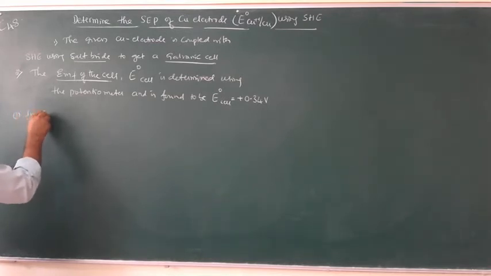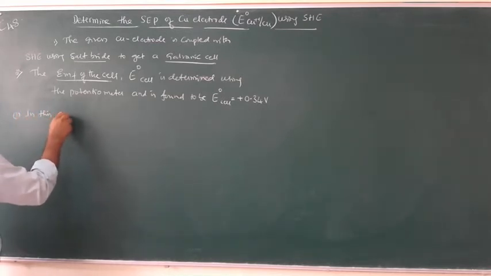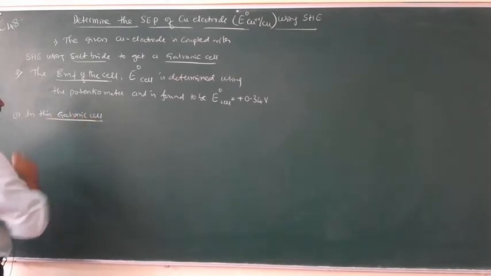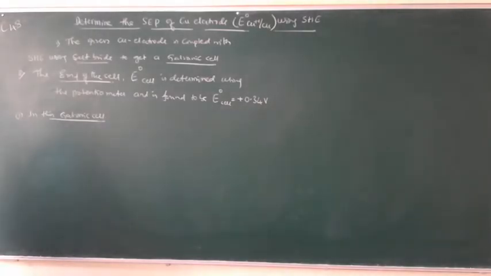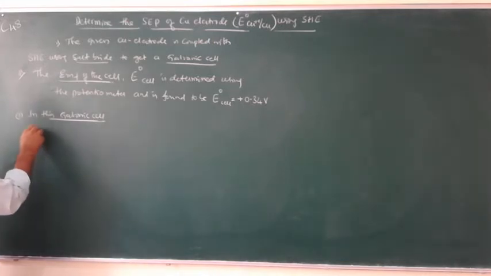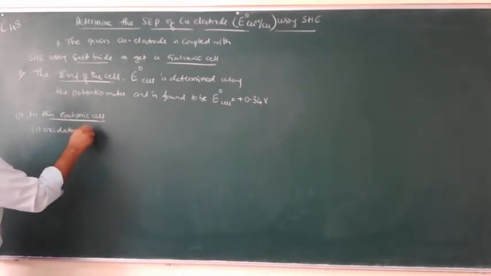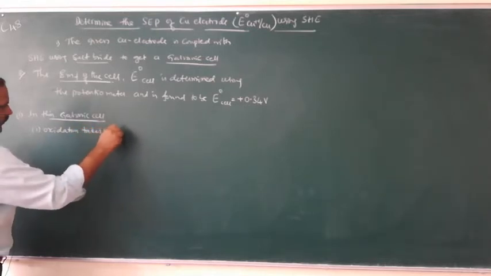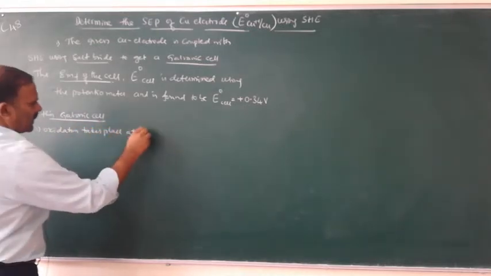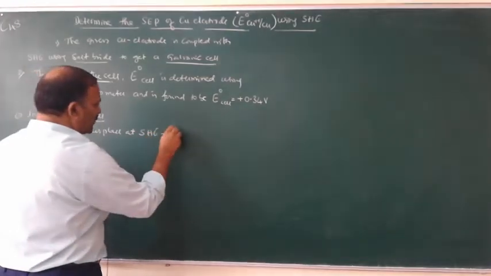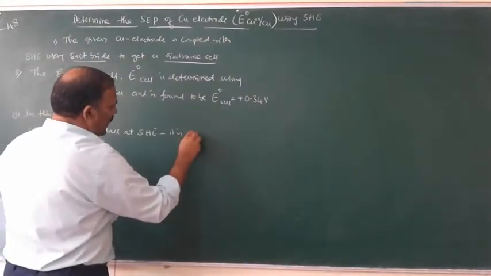In this galvanic cell, so we got the galvanic cell by combining copper electrode with standard hydrogen electrode. In this galvanic cell, oxidation takes place at SHE. Therefore, it is anode.